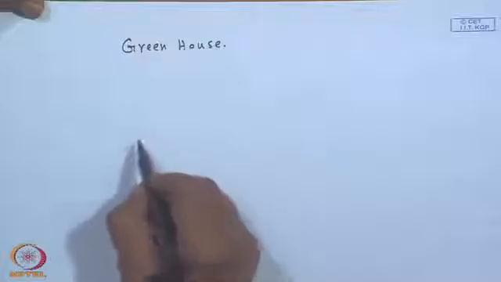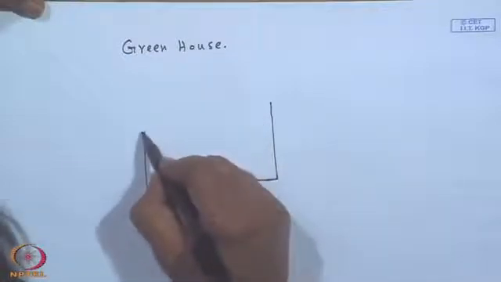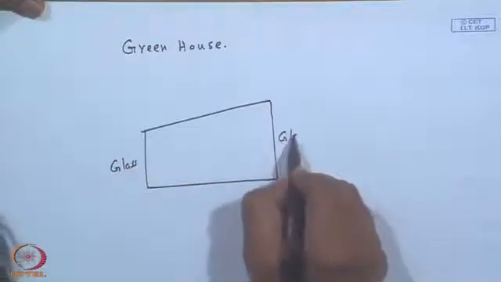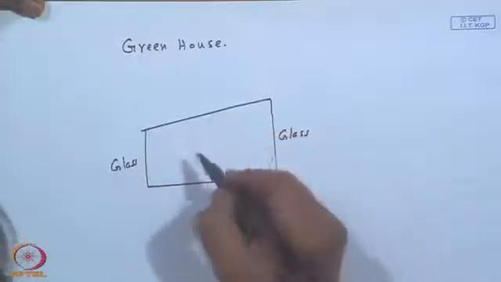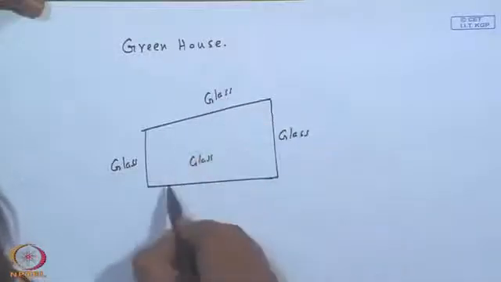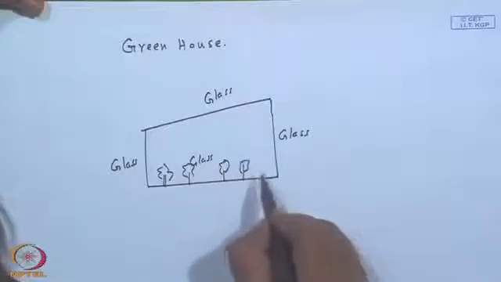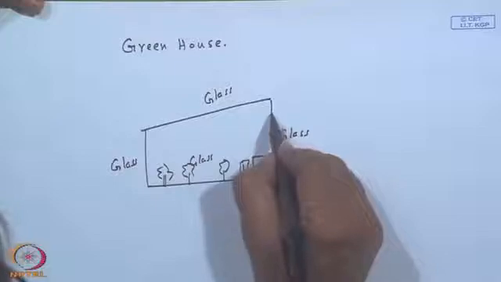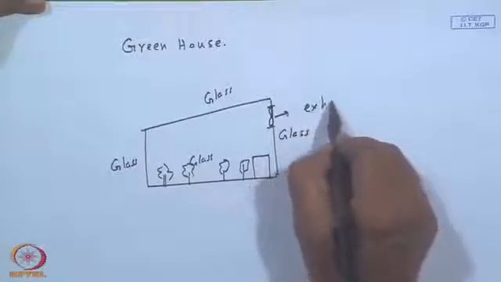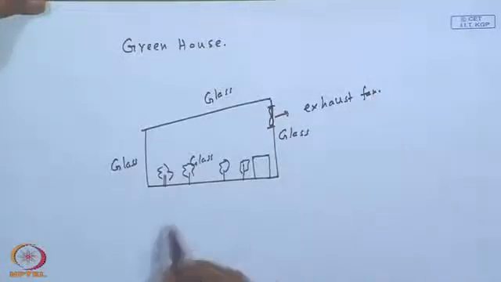You may just have a building, maybe with a slightly slanted roof, this is glass, this again is glass, the back side also is glass, the top also is glass, and you may use it to preserve winter plants, or a drum of water, and you may have a small exhaust fan to remove the humid hot air. Still this is a passive system.